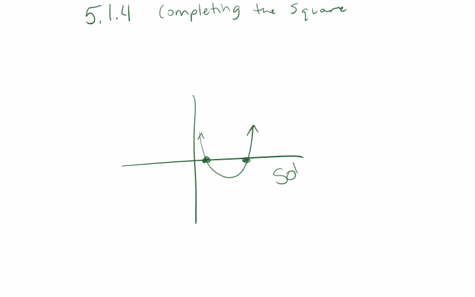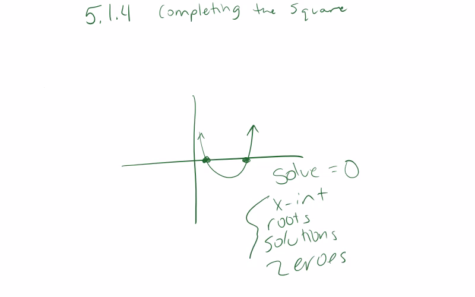Solving means that it's equal to 0. So we want to find the x-intercepts. They are called the x-intercepts, the roots, the solutions, the zeros of the function. All of this is what we call these 2 points when we are solving the equation.